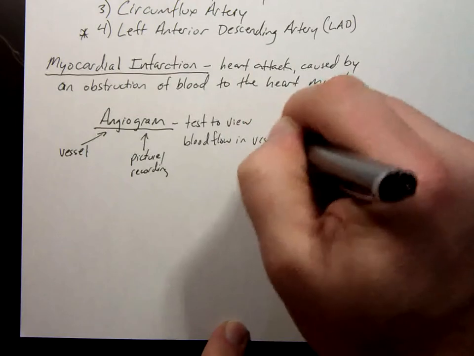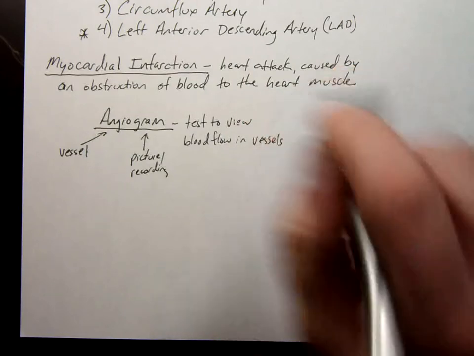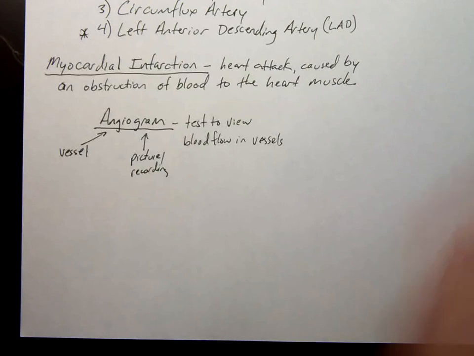Now, it can happen anywhere. They can do an angiogram to find out what's going on in your carotid arteries in your neck. Most of the time, angiograms deal with the heart because it has a really important function. I mean, if it doesn't do its job, then nothing works.